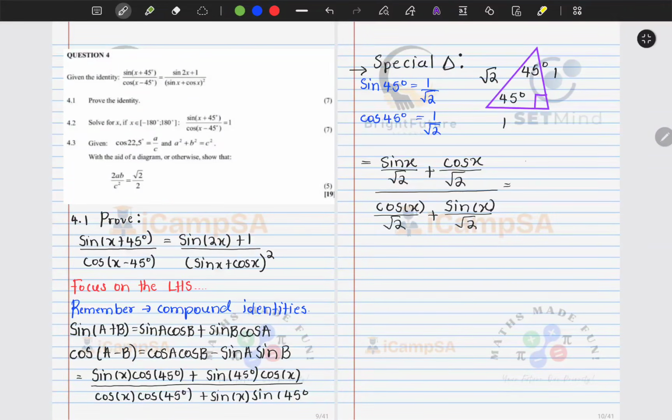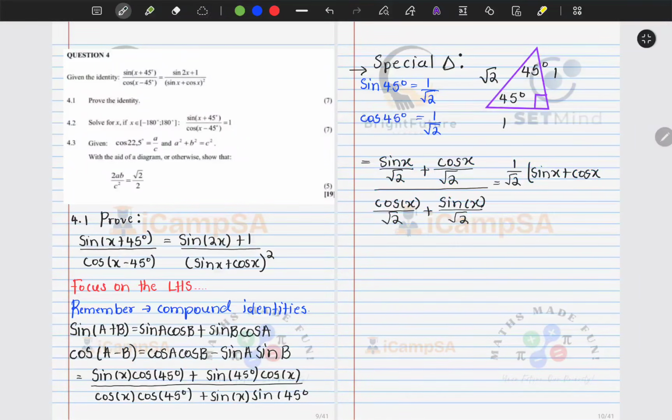If you observe carefully, on the numerator, if we pull out the common factor, what we end up having is sine x plus cos x. And on our denominator, we can factor out the common factor, which is 1 over square root 2. You'll see that we are left with cos of x plus sine of x.